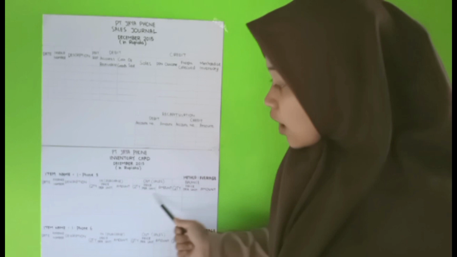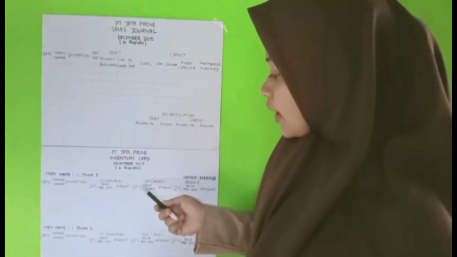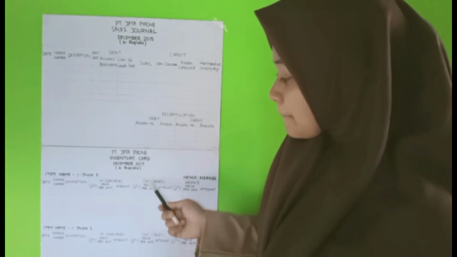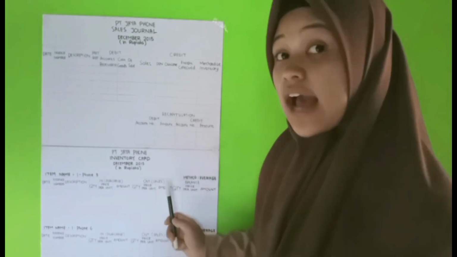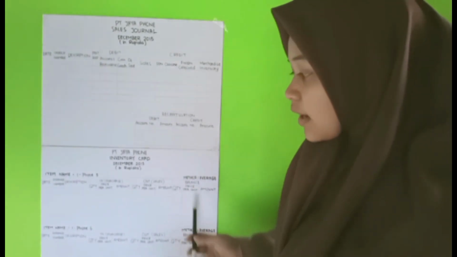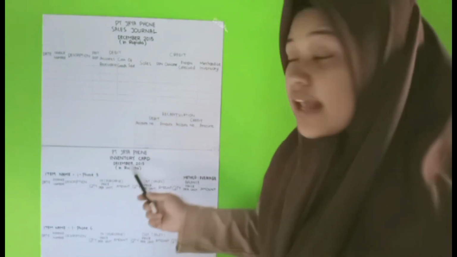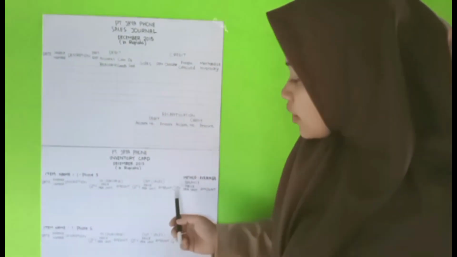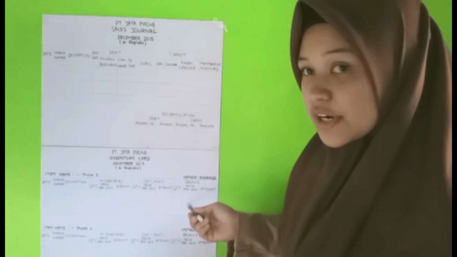Then the out or sales column contains quantity, price per unit, and then amount. At the balance column, same as in and out, quantity, price per unit, and amount.